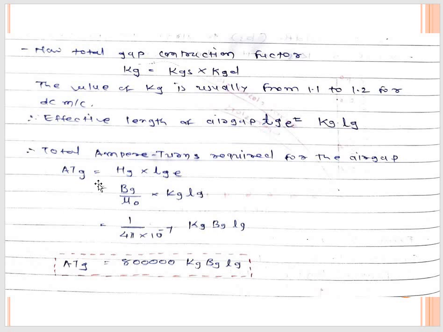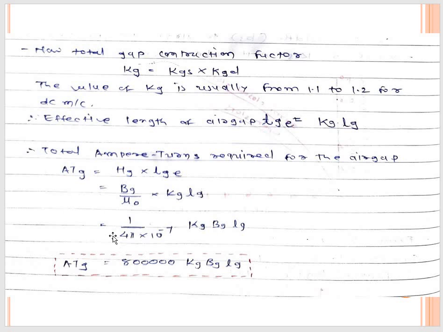So ATg is given by Hg into Lge, where Hg is the magnetic field strength in the air gap and Lge is the effective length of the air gap. Again, Hg is given by Bg divided by mu 0, multiplied by Lge, which is Kg into Lg.